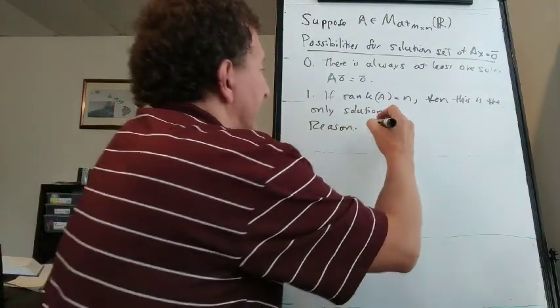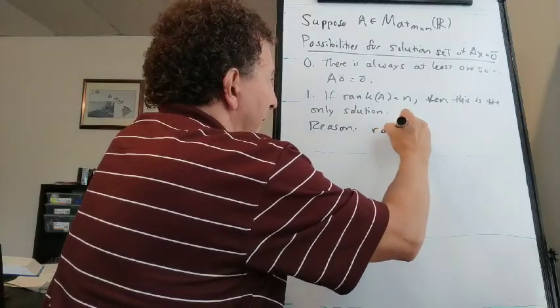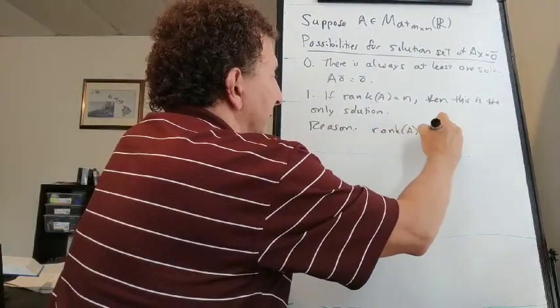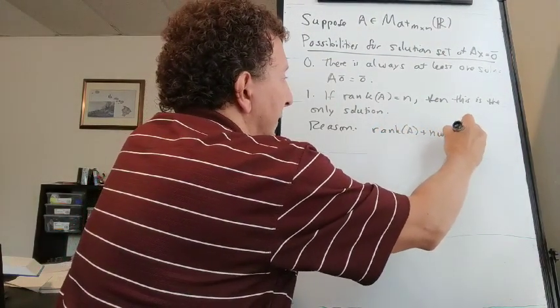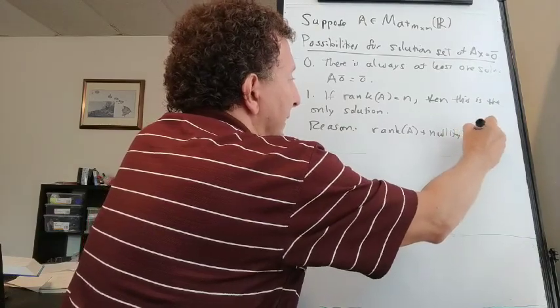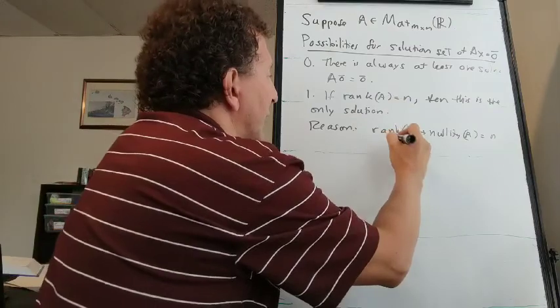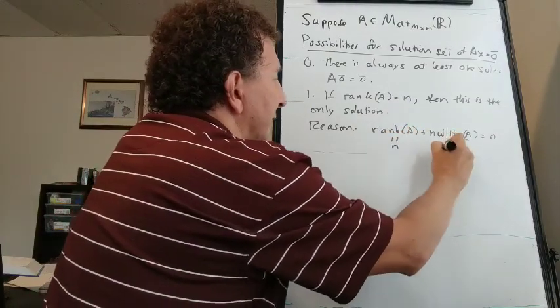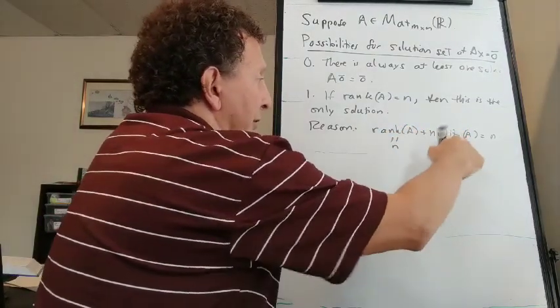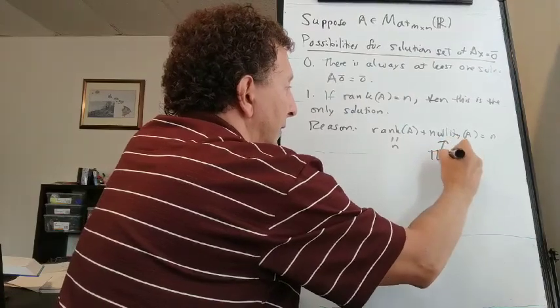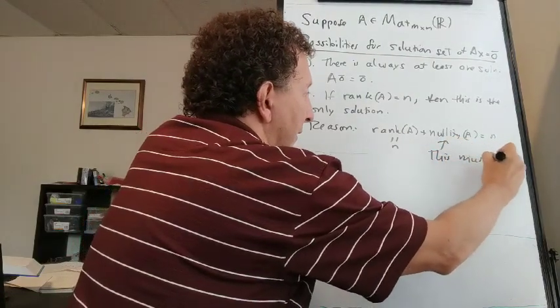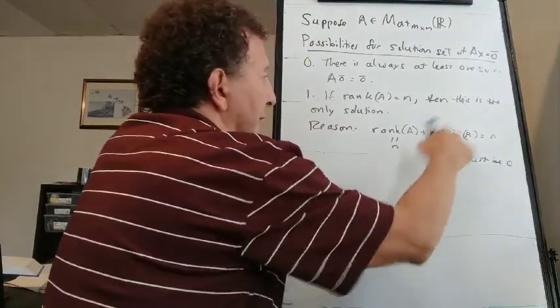The reason is that the rank of A plus the nullity of A equals the number of columns of A. So if the rank of A equals n, then the nullity must be 0. n plus 0 equals n.